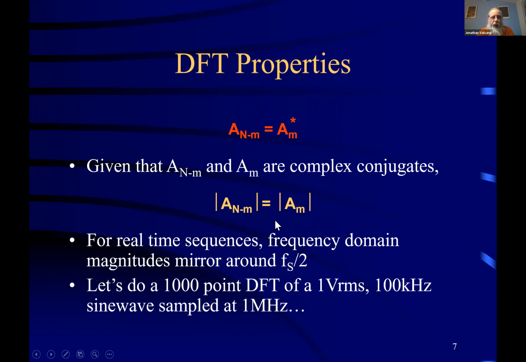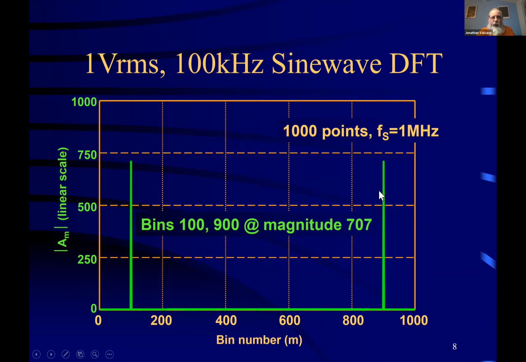In other words, if you have 1,000 points, the frequency bin at 1 is the same as 999, at least in the amplitude. In other words, you get a mirror image. So we generally don't plot that half. We just plot the first half.